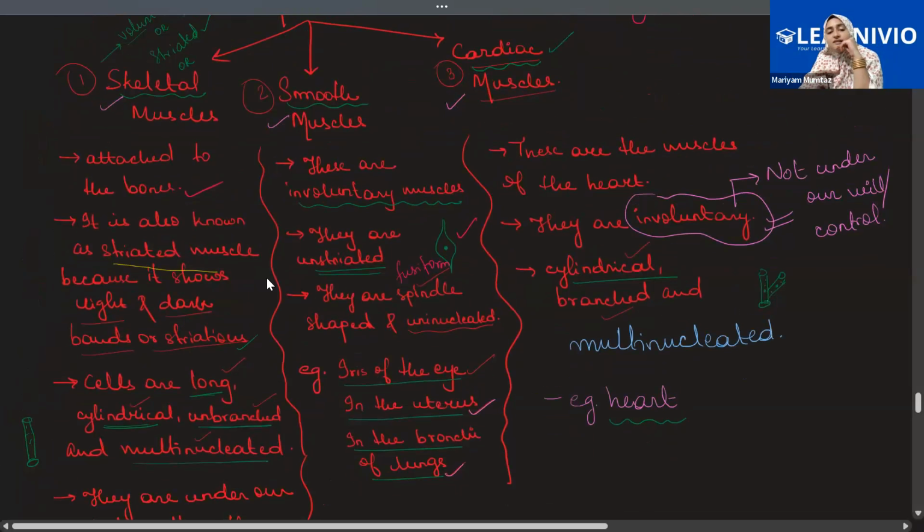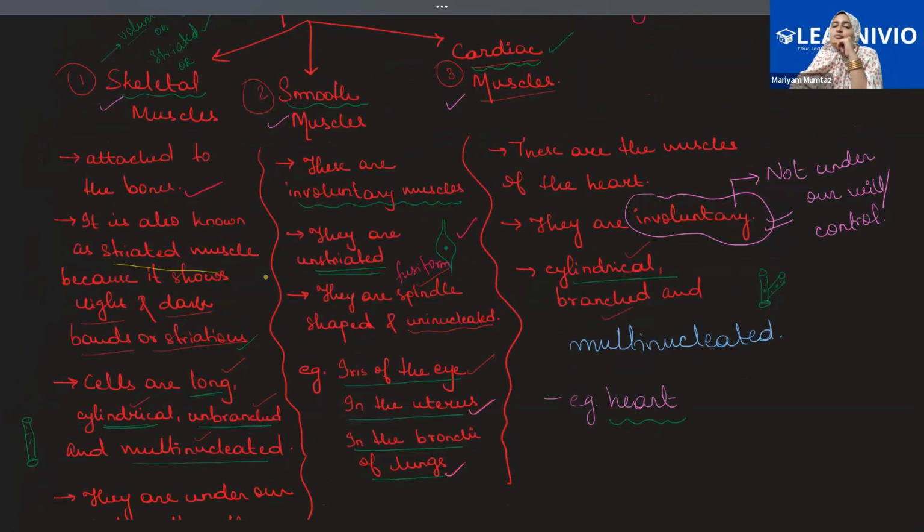Then comes the smooth muscles. Now smooth muscles are involuntary muscles, meaning they are not under your control. You cannot control them on your own. And they are unstriated, meaning striations are not present in them. There are no stripes. In the skeletal muscles, stripes or striations are present, but in the smooth muscles, they are not.